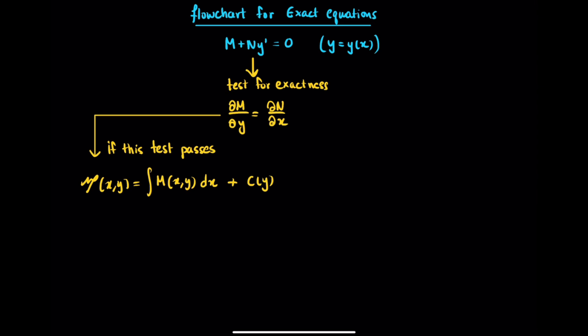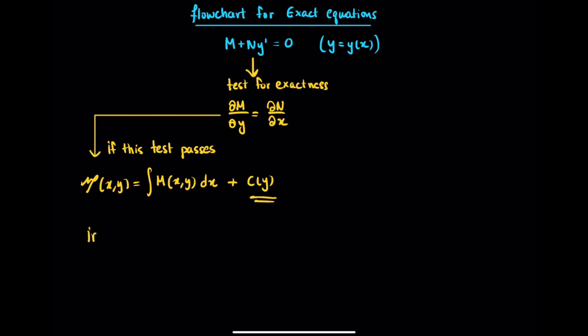As a result, whenever you integrate a function with two or more variables, whatever you're not integrating needs to be in the constant, or it can be in the constant. And the goal now is to find what c(y) is equivalent to.